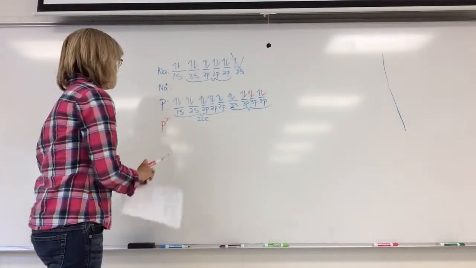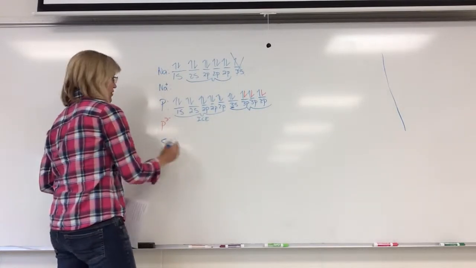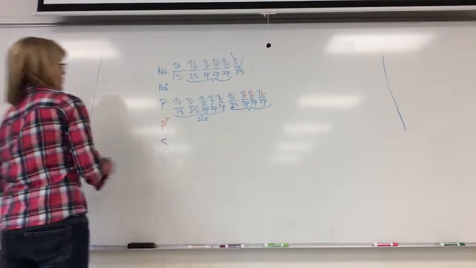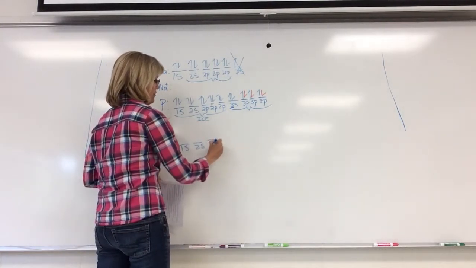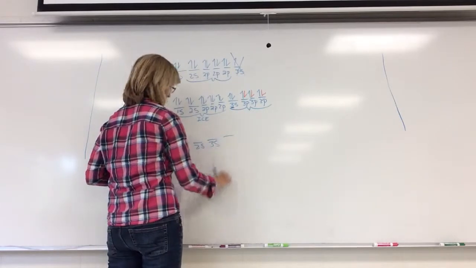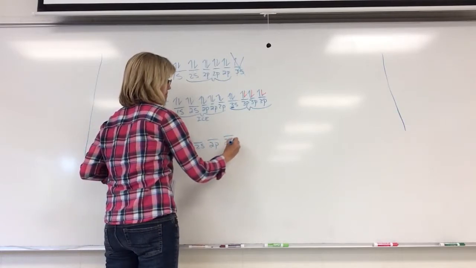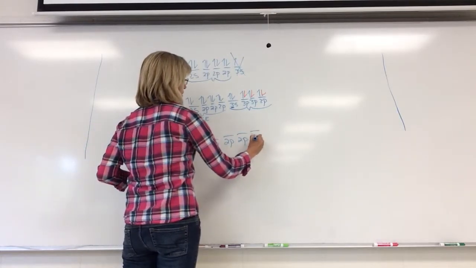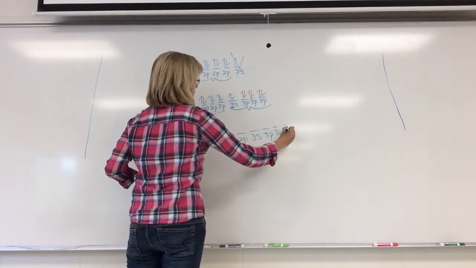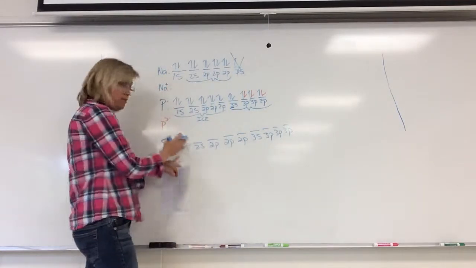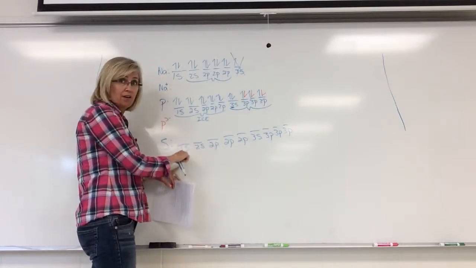Let's look at sulfur, all right, and it's got 16. So 1s, 2s, 2p, 2p, 2p, 3s, 3p. All right, we've got 16 electrons. It starts in the lowest energy level, the lowest orbital type.